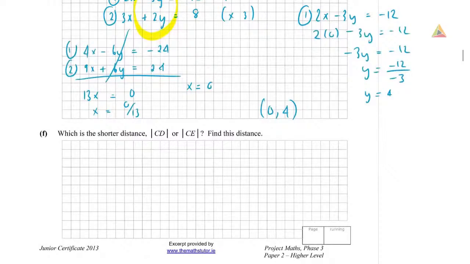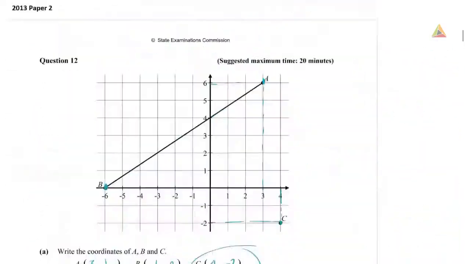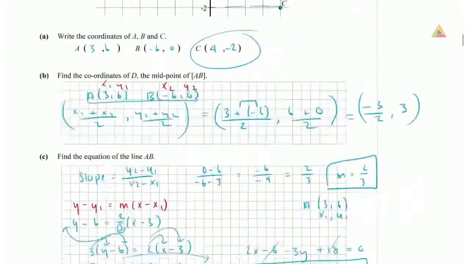Last thing for this question. Which is the shorter distance, CD or CE, and find this distance. Okay, so for CD, I'm going to write all the points up here. What was C again? C was 4, minus 2.